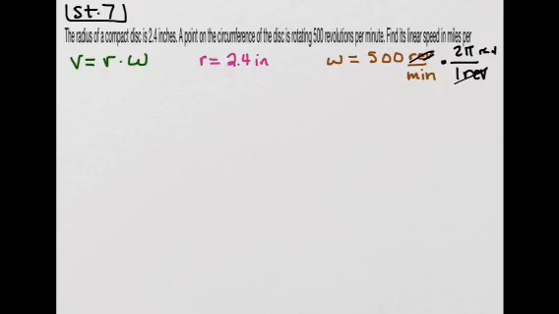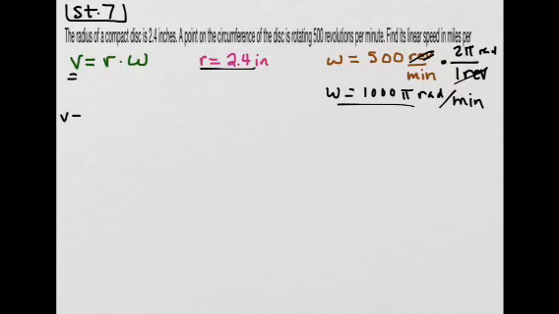So it's going to be 1,000 pi radians per minute. So omega is 1,000 pi radians per minute. Okay, so now we have R here and omega here. That's going to help us find V.